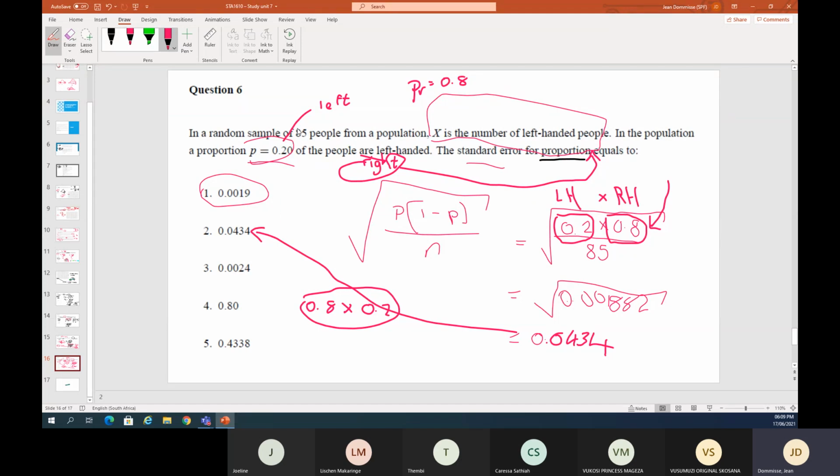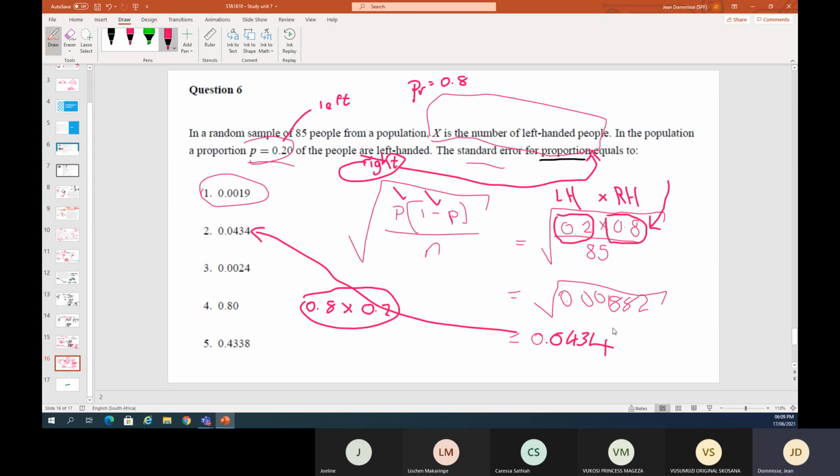If it's left-handed, the other is right-handed, and just the opposite happens. This is just to show you what is happening within that formula: it is the probability that they give you times the opposite of that probability.